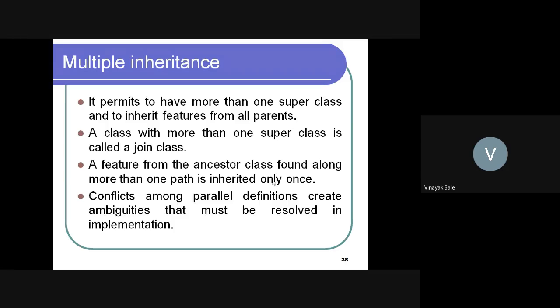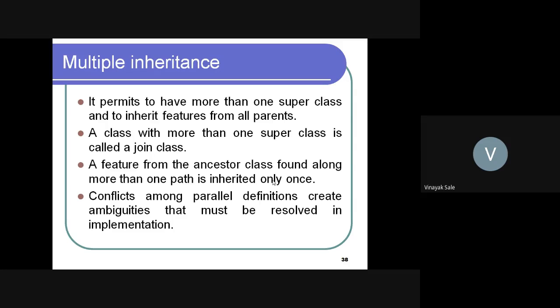Out of them, for your study, is multiple inheritance. It has one or more superclasses. It permits a class to have more than one superclass and inherit features from all parents. A class with more than one superclass is called a joint class.